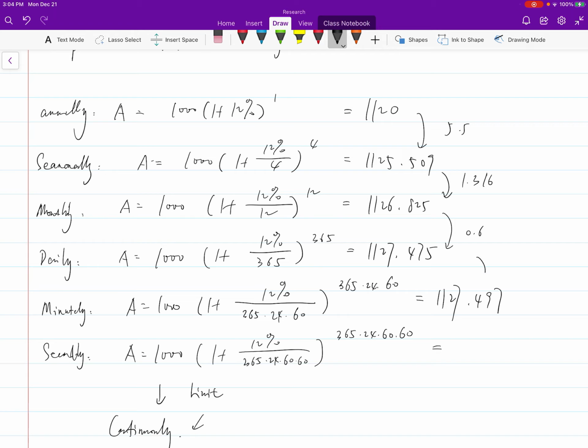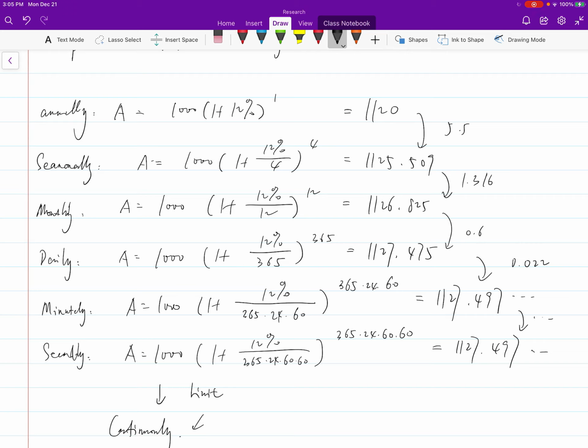Okay, which gives you this much more. Now if you take additional trouble to do it every second, you receive this. Actually, you receive the same thing. The difference is actually in the decimals after this. So it's a very little tiny difference.